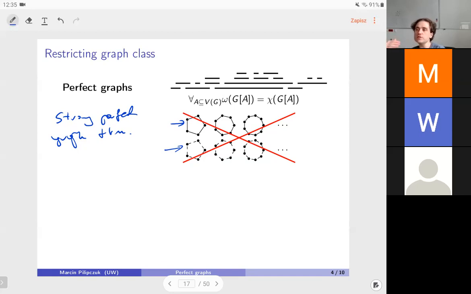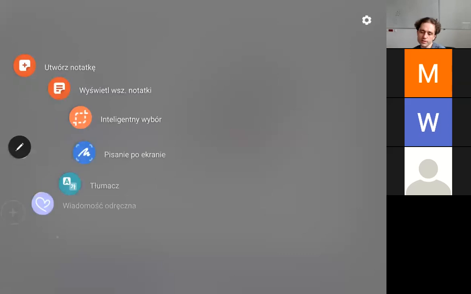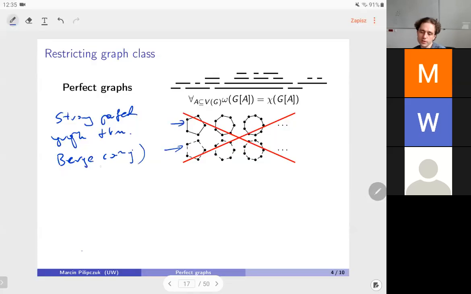People a few decades ago quickly realized that these are minimal guys that are not perfect. And there was a long-standing conjecture of Berge that these guys are the only minimal guys, and it was proven in the early 2000s that this is actually the case. This is the strong perfect graph theorem.